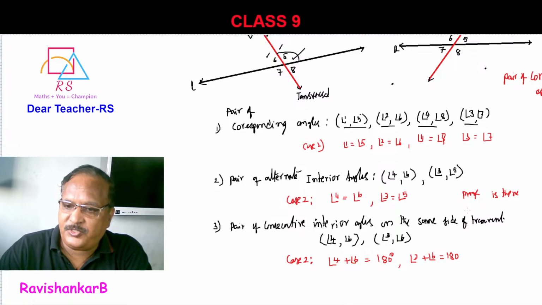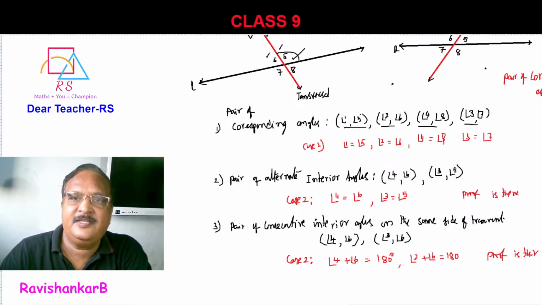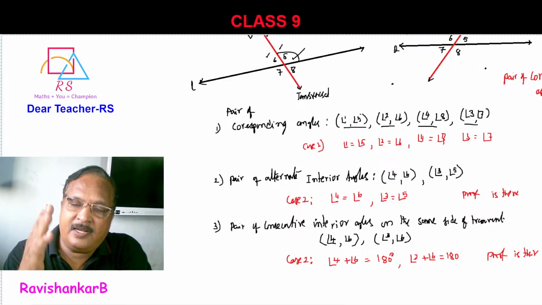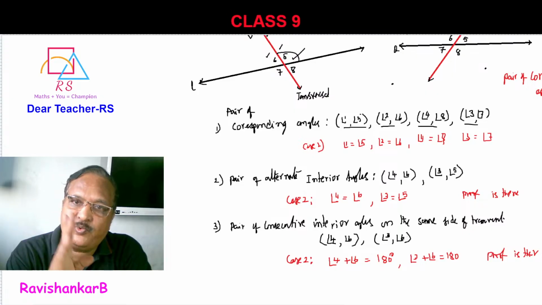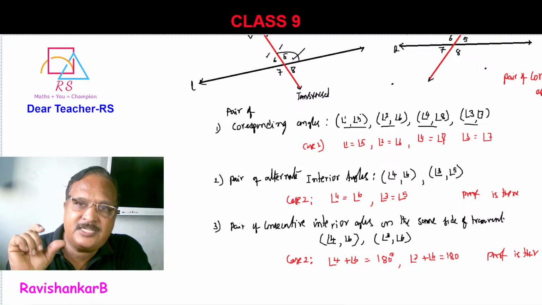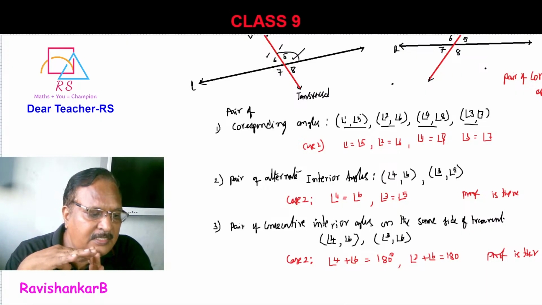So for this also there is a proof. That means he will be asking a question. There is a theorem on this. A transversal intersects a pair of parallel lines, that is the first condition. Prove that each pair of consecutive interior angles on the same side of the transversal are supplementary.